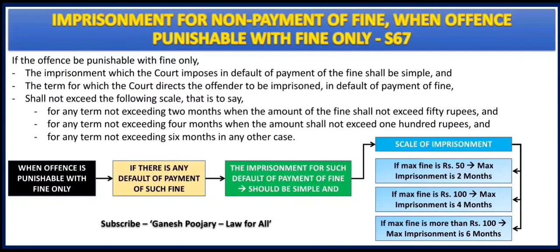When the fine is 100 rupees or below, more than 50 rupees but not above 100 rupees, the maximum imprisonment for default of such payment of fine is 4 months. And in the worst case, if the fine is more than 100 rupees and there was default of making payment of such fine, the maximum imprisonment can be 6 months.